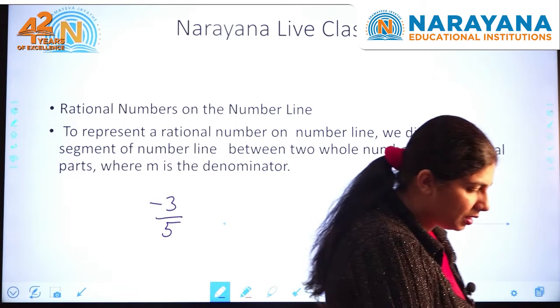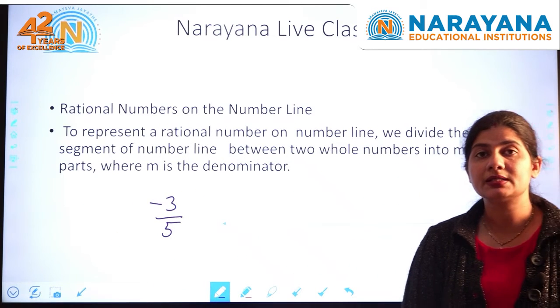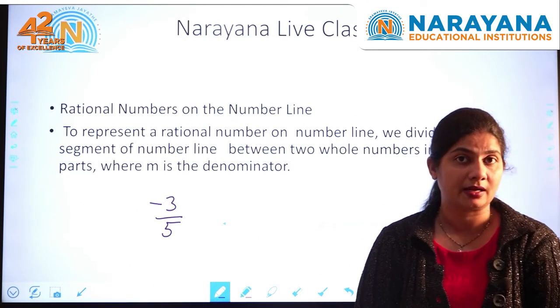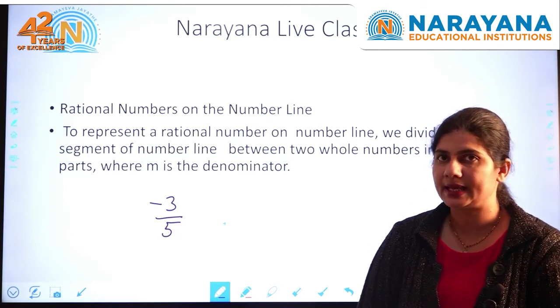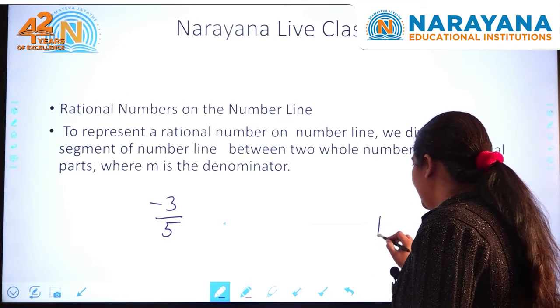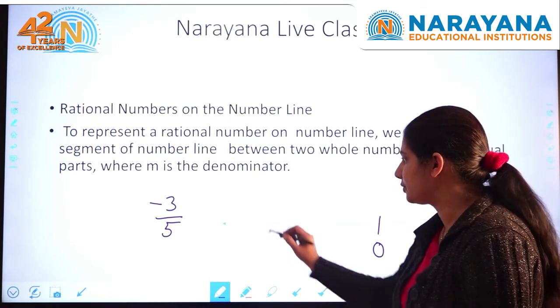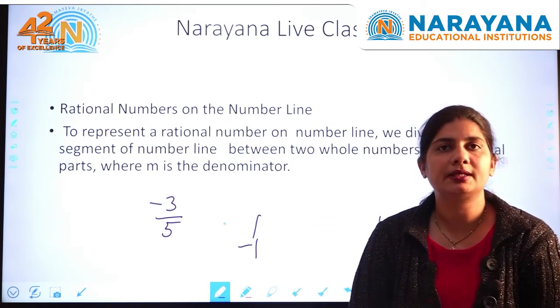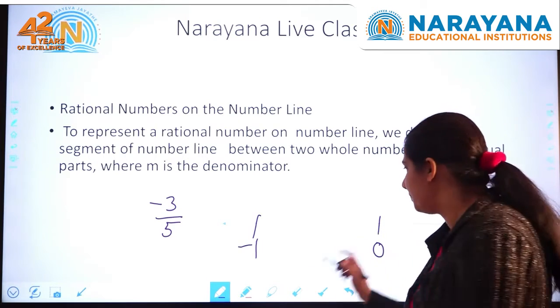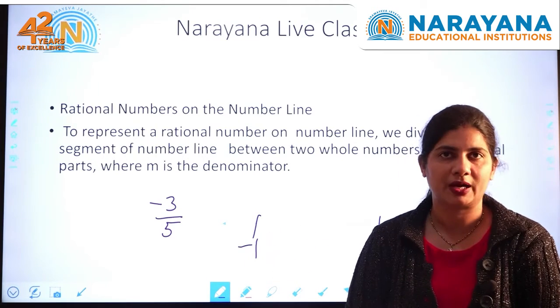So, first of all, minus 3 by 5 is a negative number. So, it will lie on which side? Left hand side. It will lie on the left hand side of 0. As the numerator is smaller than the denominator, it will lie between 0 and minus 1.